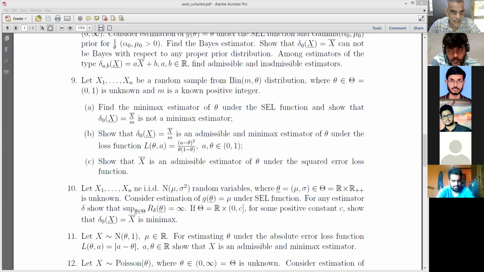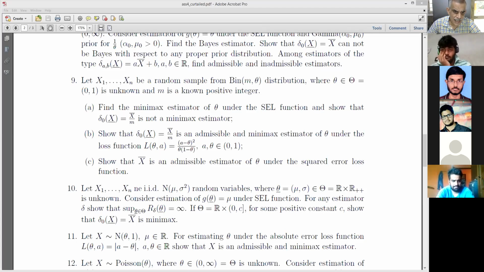We have calculated the Bayes risk, right? R pi M of delta pi M, when the mean was 0, turned out to be sigma square by n upon sigma square by n plus 1. Right? This is what turns out to be. Is that okay?